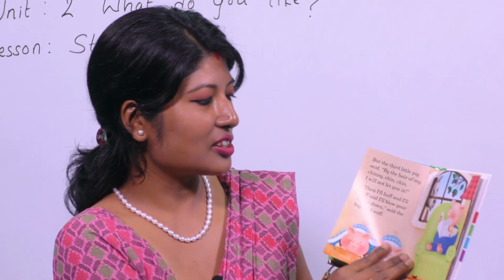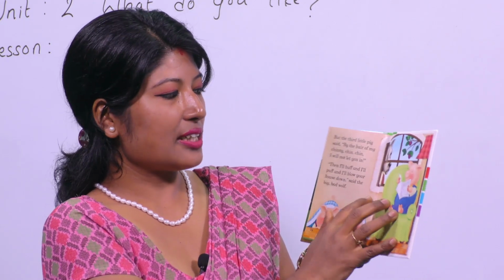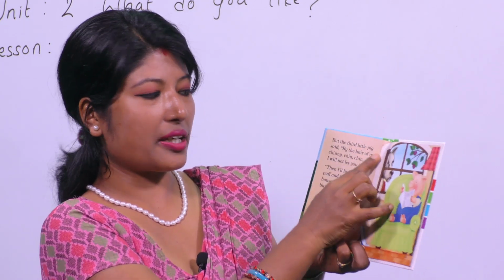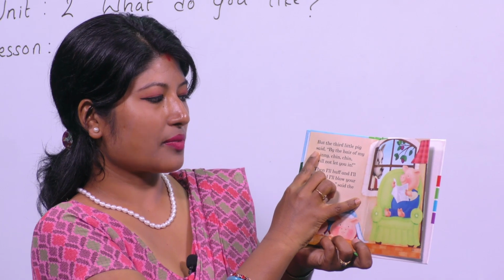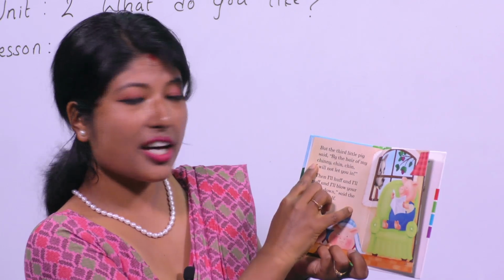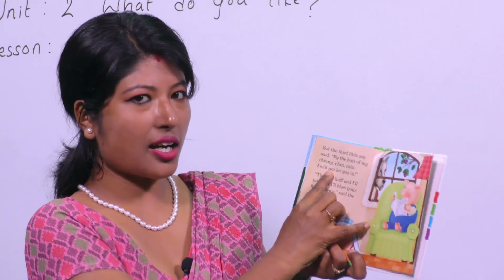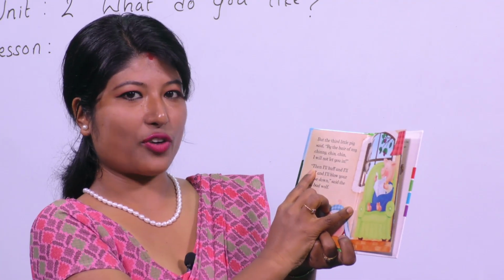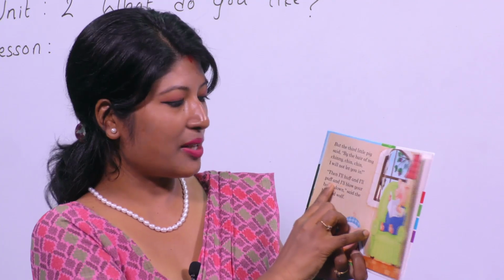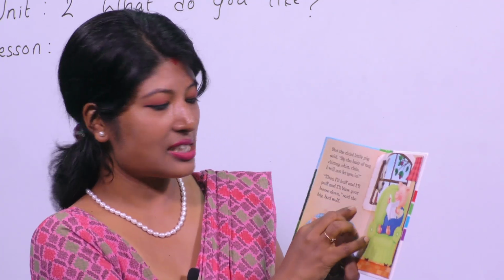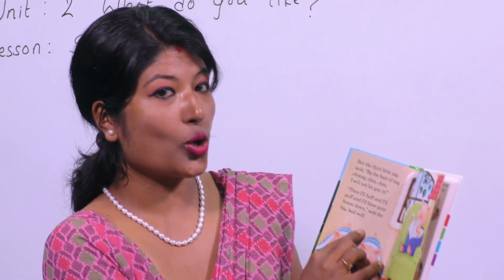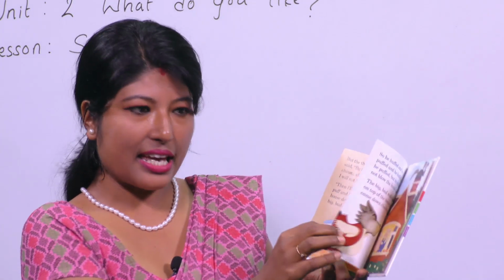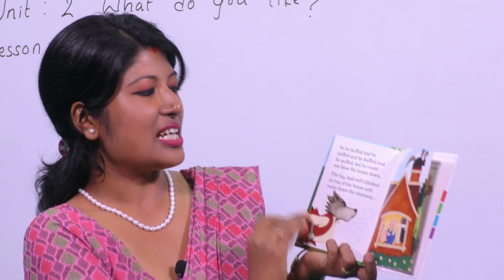And what did the third pig say? But the third little pig said, "By the hair of my chinny chin chin, I will not let you in." Then the wolf replied, "I will huff, I'll puff and blow down your house," said the big bad wolf. Then what happened?